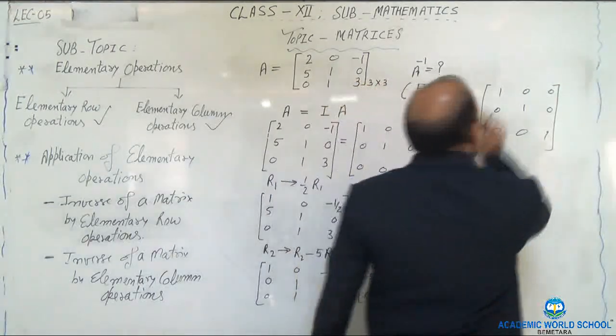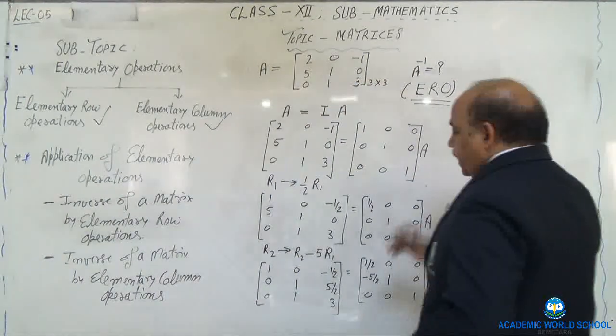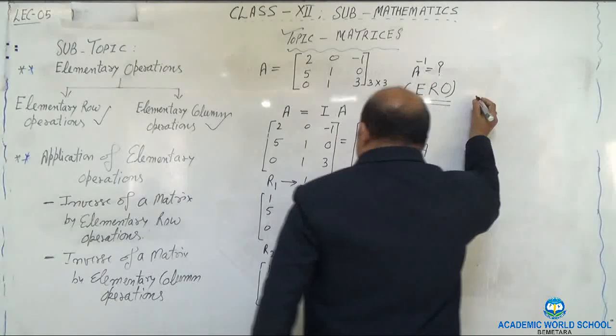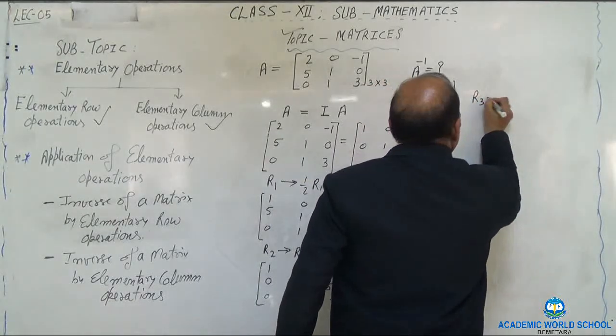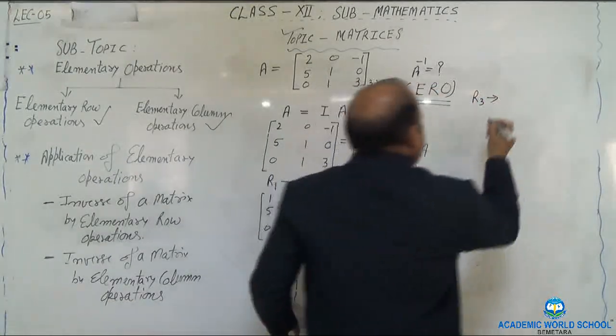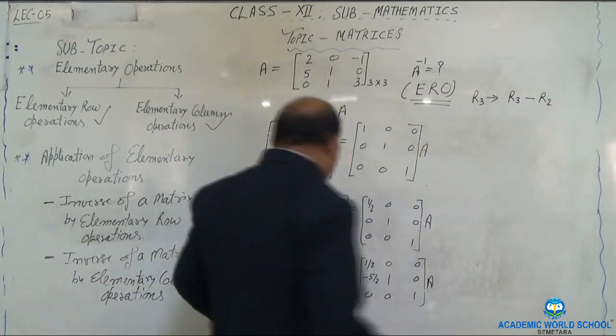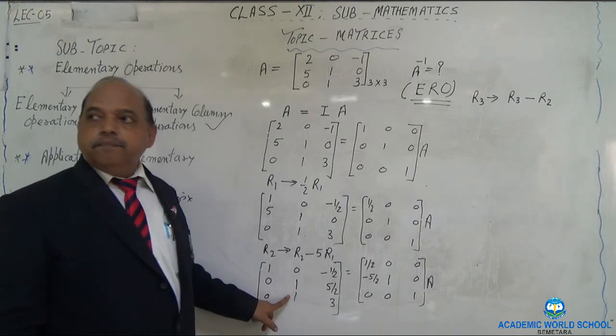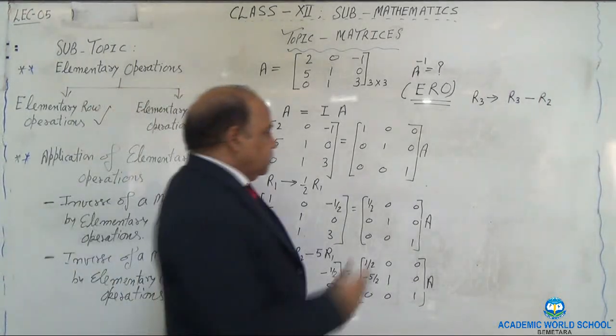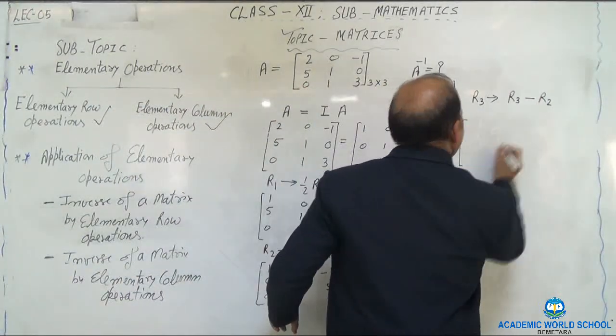So what we are going to do now, we are making a change. The change is in R3. What is that change? In R3 we are subtracting, R3 minus R2. This is the change we are bringing. So let's make that change.